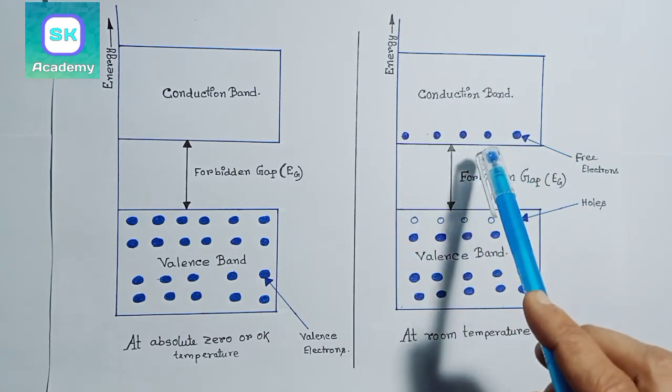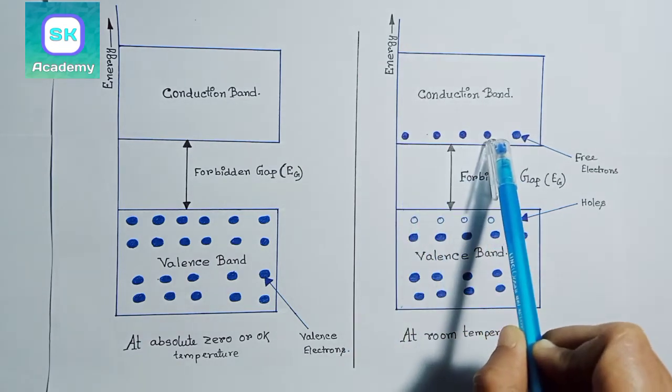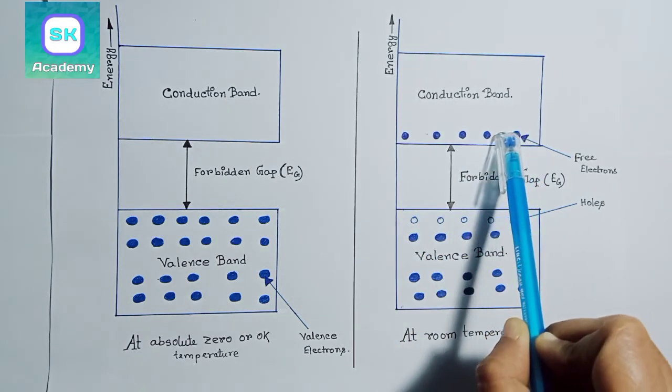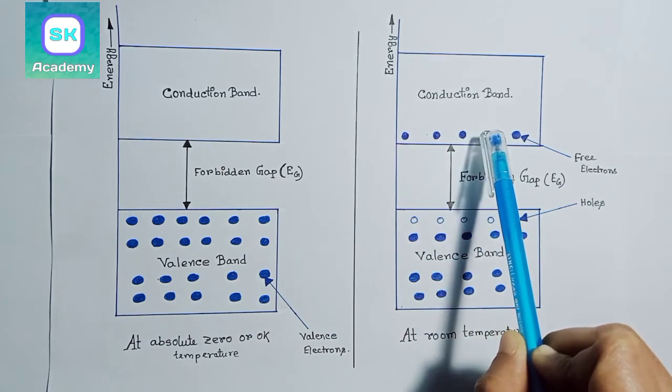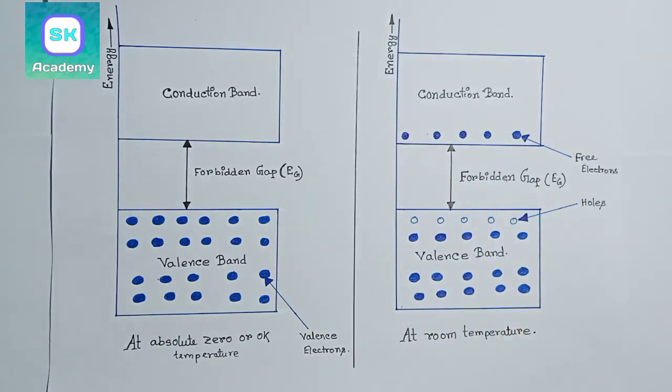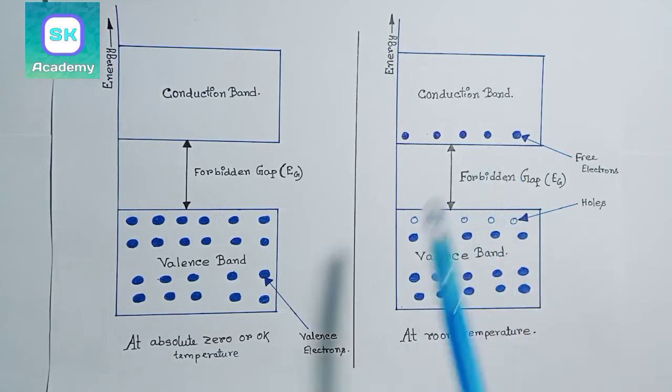These free electrons are responsible for current conduction. That's why these electrons are called conduction electrons.